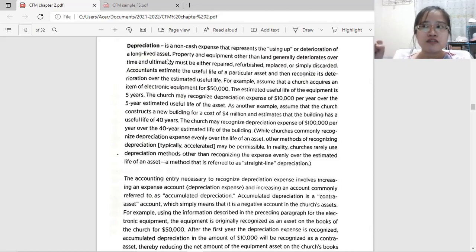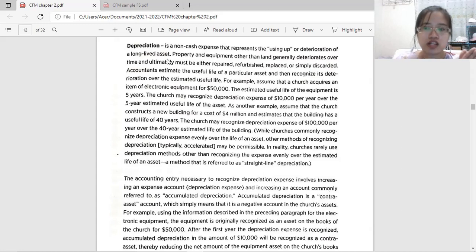But for budgeting purposes, the reason why we include an amount normally equal to the depreciation is so that we can accumulate a fund for the eventual replacement of the fixed asset. Time will come that that particular asset will no longer be usable, so we need to replace it.